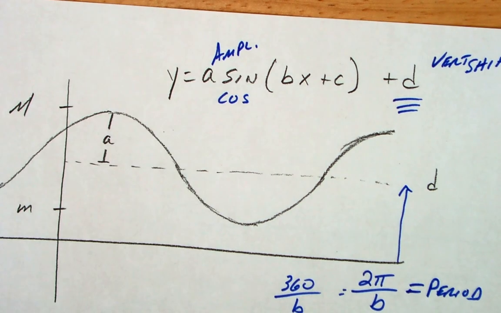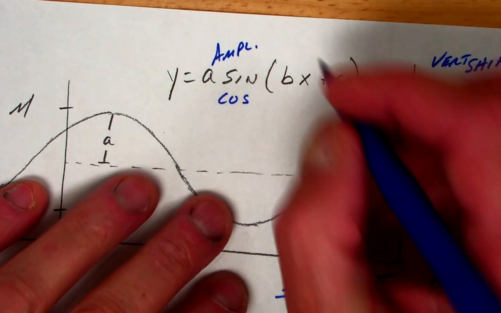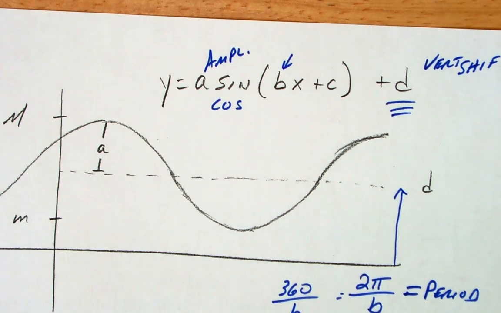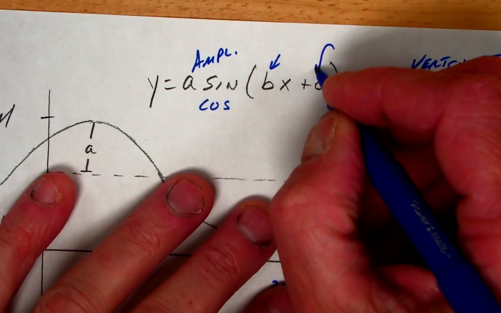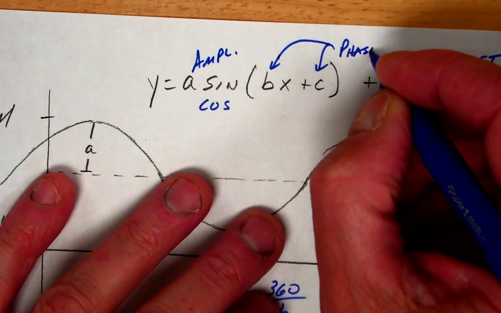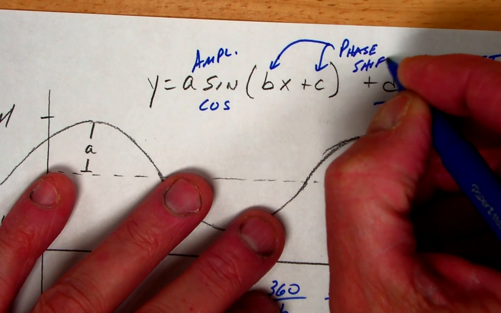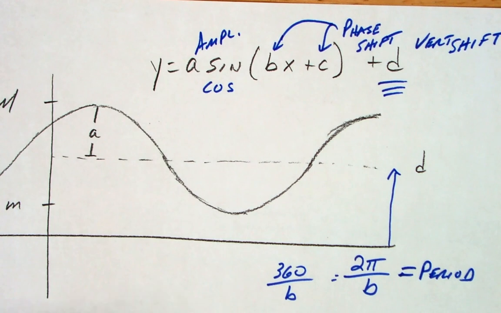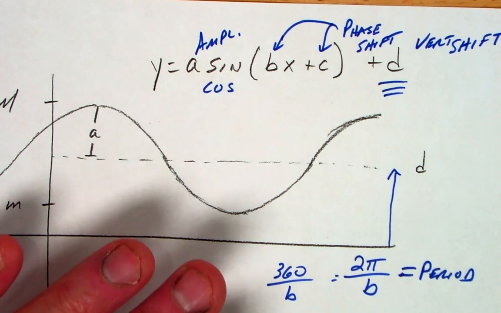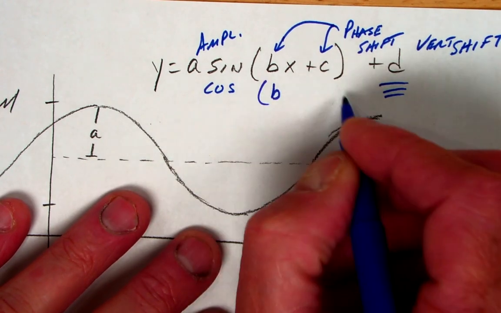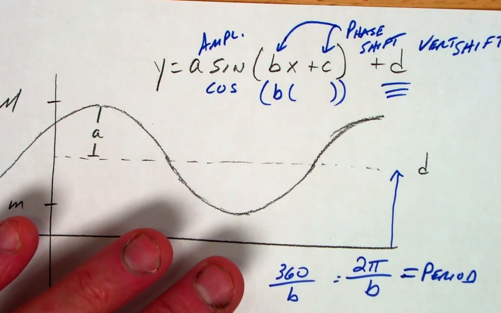Okay, I'm going to throw some formulas at you here too. So this impacts my period. I'm not going to write period because I don't want you to look at it and say, oh, that's my period. That's not. Okay? And this right here, in combination with that, impacts my phase shift. In other words, my horizontal slide. If I would factor out B right here, what would I have left?